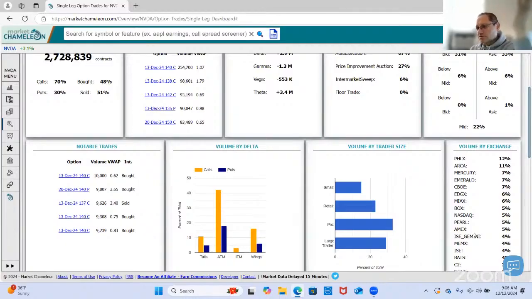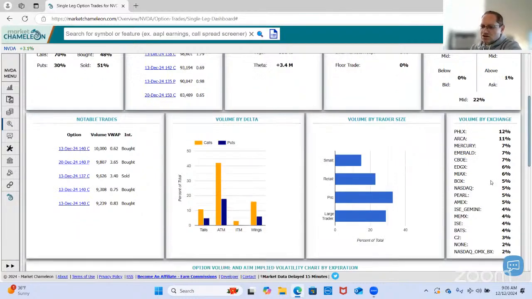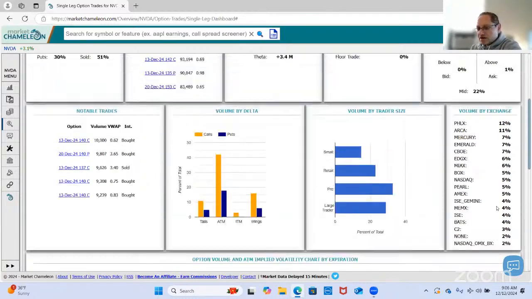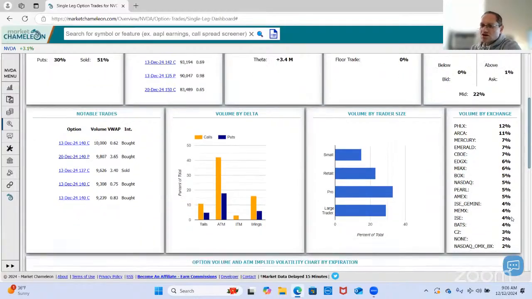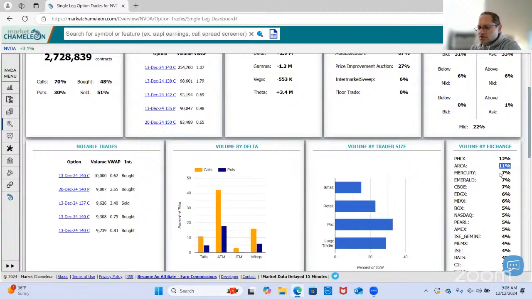There are market makers and bids and offers in all these exchanges. And as you could see here, in Nvidia, it seems like there was volume on almost all the exchanges. Philex had the most, 12%, followed by Arca.